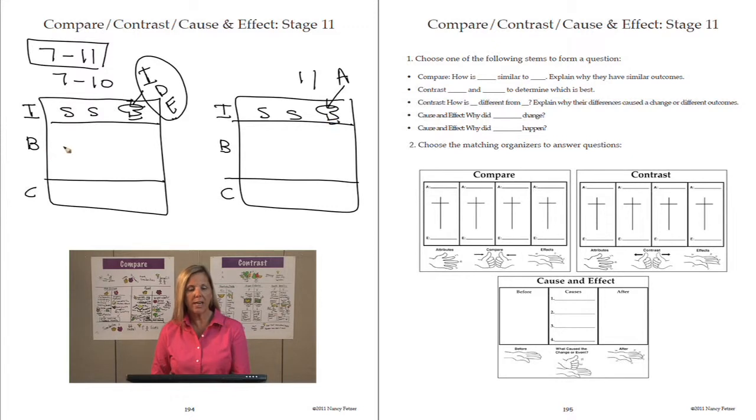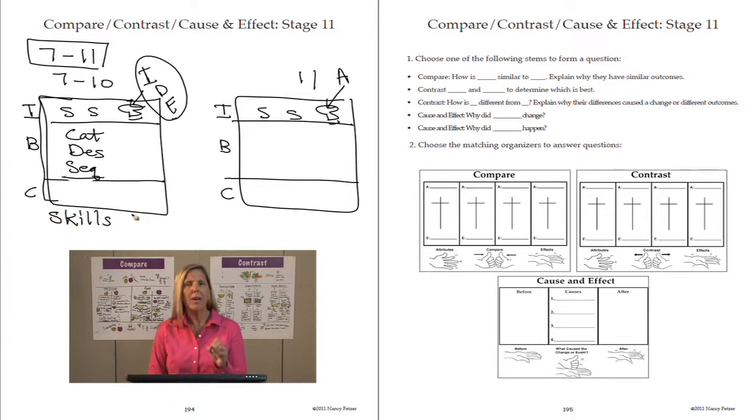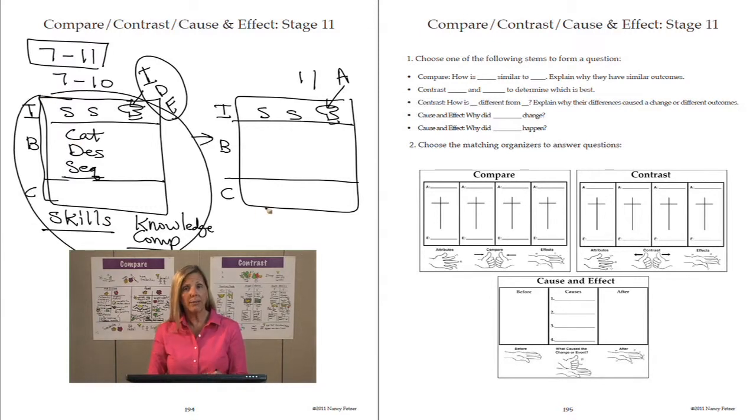The body at stages 7 through 10, categorizing, describing, or sequencing it. We're focusing on the skills of how to write information, how to write an introduction, a body, and a conclusion. The skills are how to write, and the thinking is understanding the information that you're learning, and then reporting on it through stages 7 through 10. At stage 11, when it comes to the skills, you are now building on what you had learned skill-wise from stage 10.